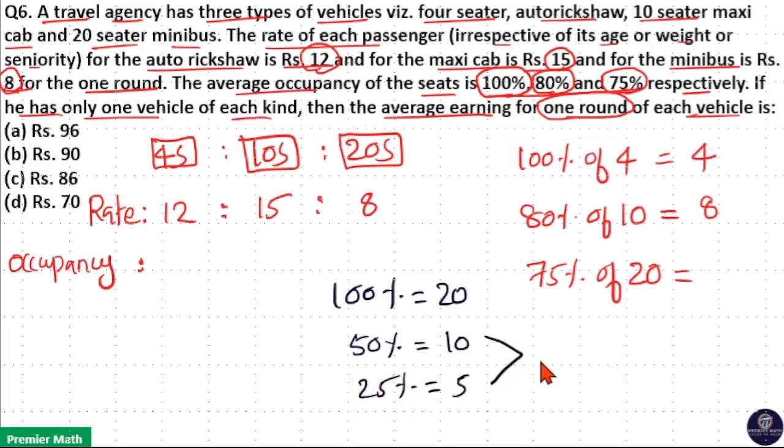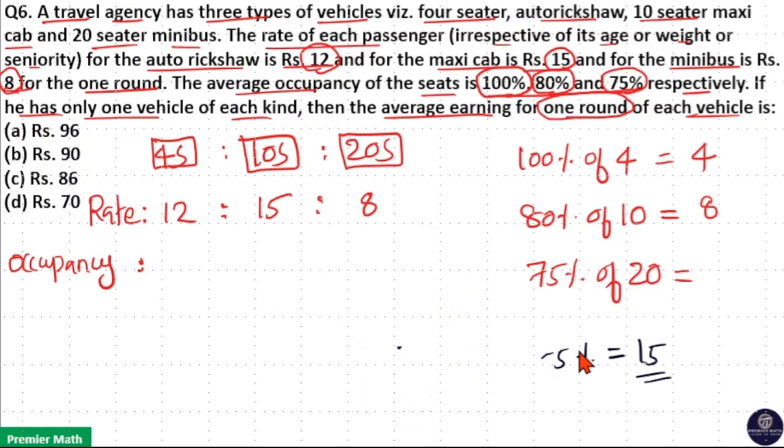That means 75% is 10 plus 5, 15. Here you can calculate this in your mind as well, no need for paper and pen. So 75% of 20 is 15. Now the occupancy of the auto rickshaw, maxi cab and minibus is 4, 8 and 15.